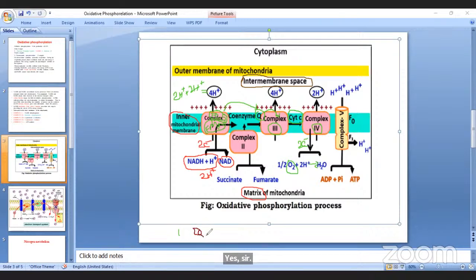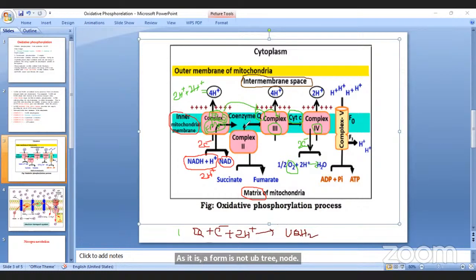Q plus electron. Clear? Plus 2 protons. As a result, UB quinol is formed.